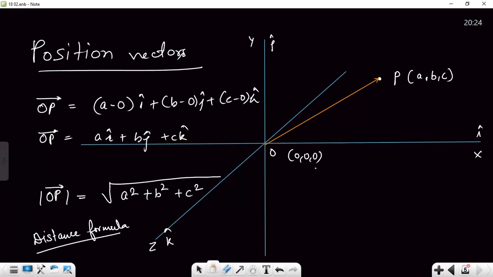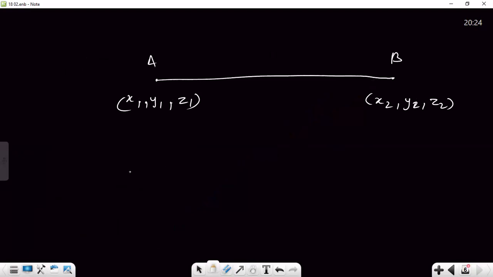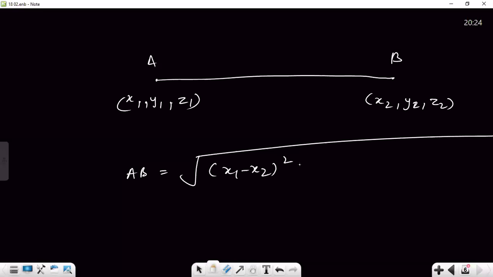If there are 2 points, point A and point B, point A's coordinates are x1, y1, and z1, and B's coordinates are x2, y2, and z2. So if I have to find the distance between A and B, the distance will be square root of x1 minus x2 whole square plus y1 minus y2 whole square plus z1 minus z2 whole square.